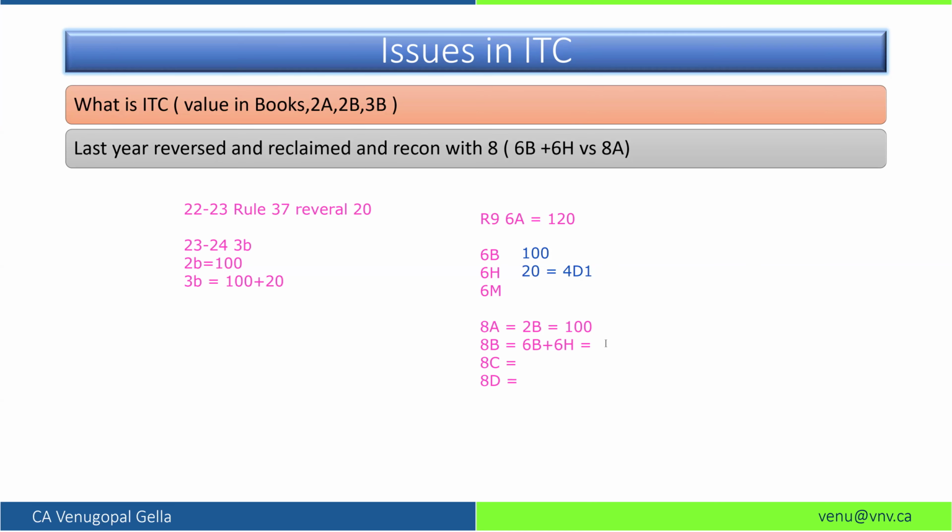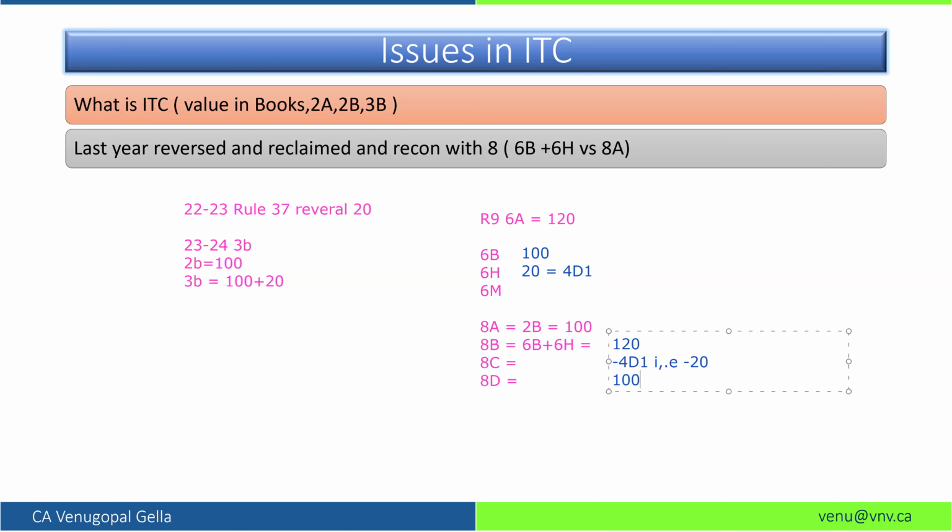In my GSTR 9 table 8, I would be reporting 120 in 8B. In 8C, I will be reporting minus 4D1, whatever the value which is there in minus 4D1. So that is minus 20. Your 8C will be 100.